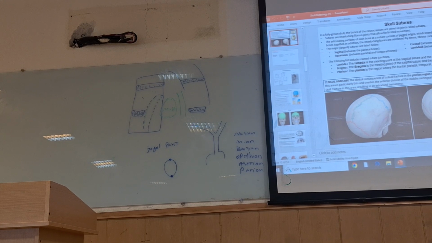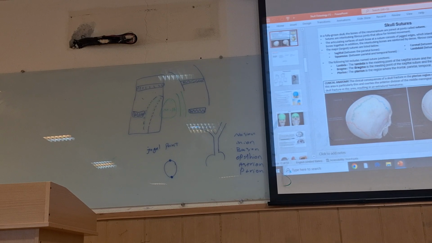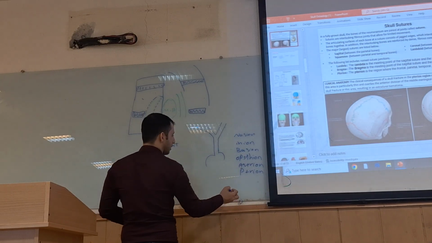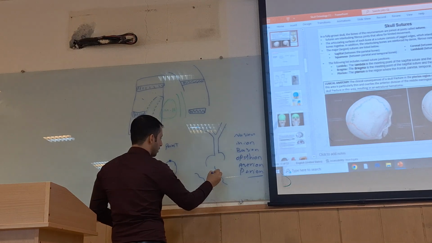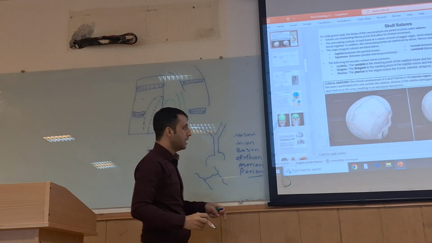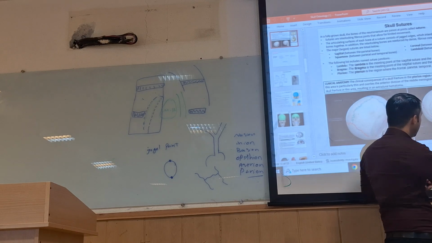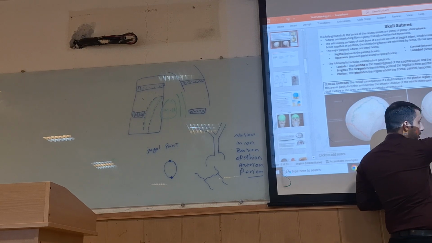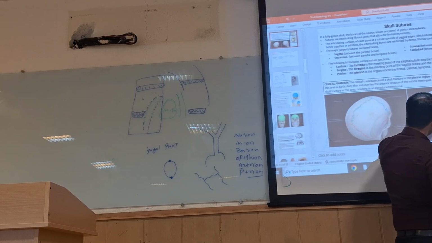Look at here. This is pterion. Pterion is an H-shaped suture, which is seen in the lateral view of the skull. Anteriorly is the coronal suture. Posteriorly, which suture is this?